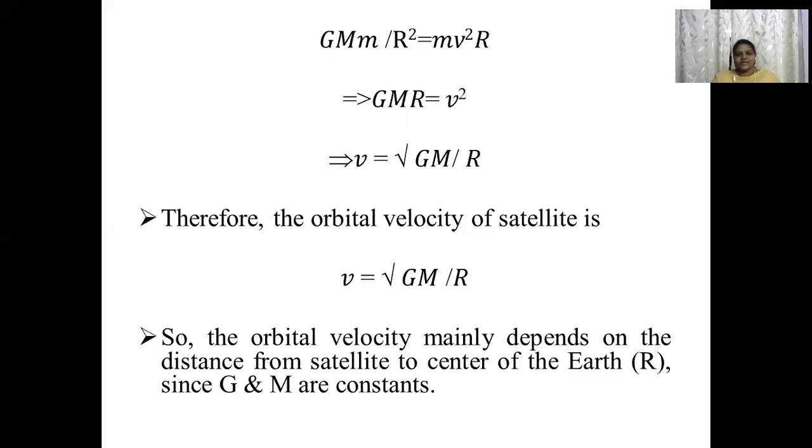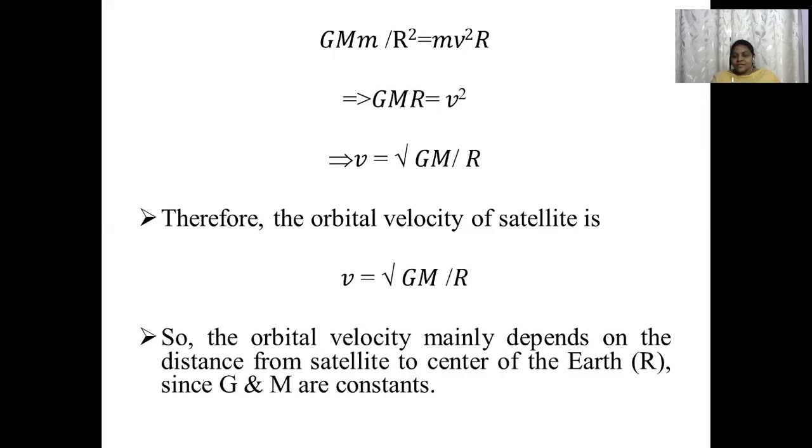These two are constants, so from this expression we can say that it is dependent upon G, M and R. Since G and M are constant, it is only dependent on R.